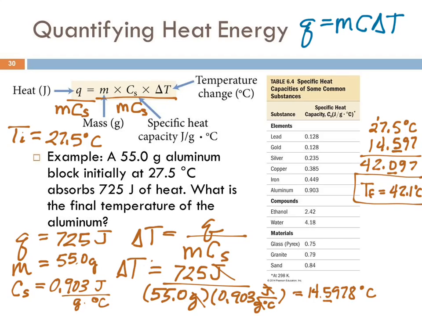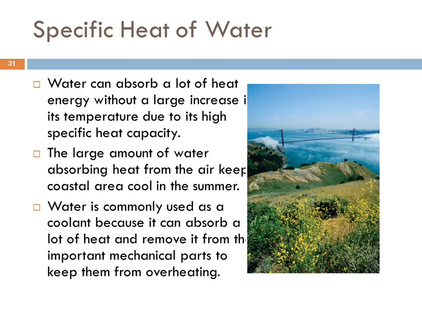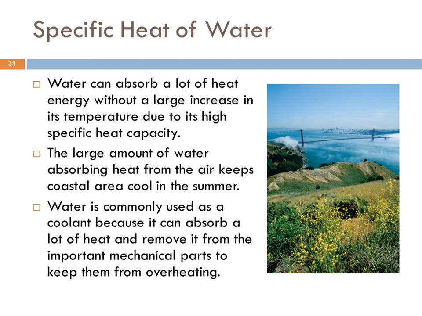You should have seen calculations like this in your previous chemistry class. Water actually has a very high specific heat capacity. It can absorb a lot of heat without changing its temperature very much at all. And water has a big impact on our climate.